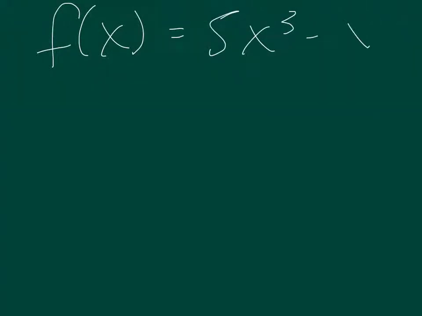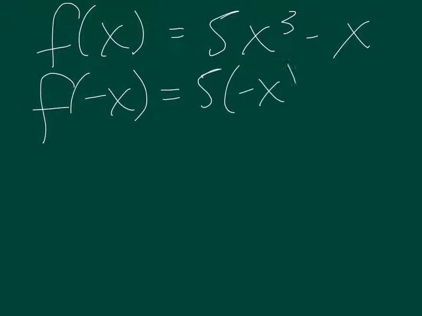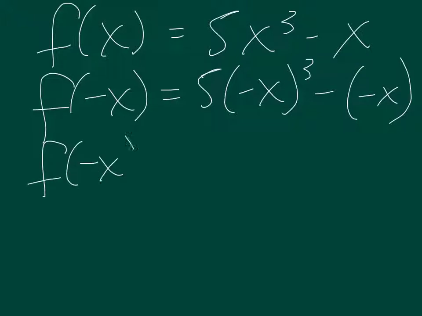Now let's take the function f of x equals 5x cubed minus x. Plug in negative x for x, 5 of negative x cubed minus negative x. F of negative x equals negative 5x cubed plus x.